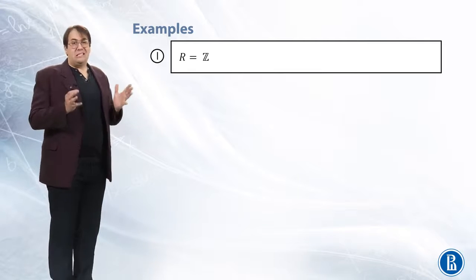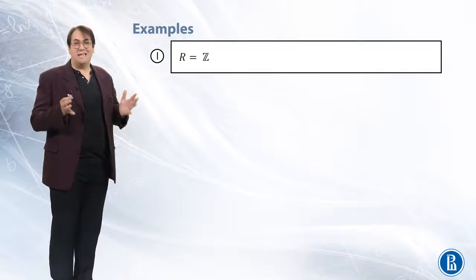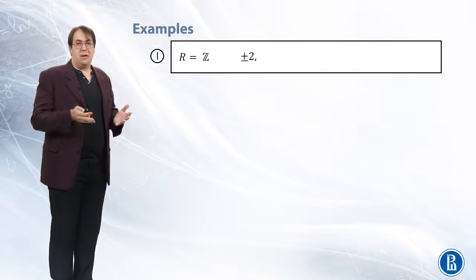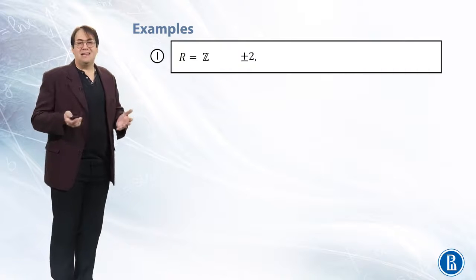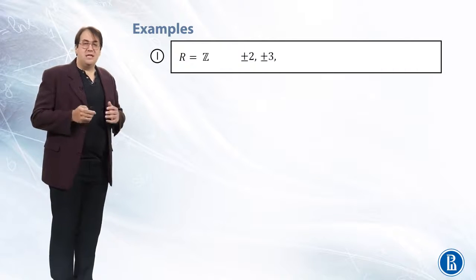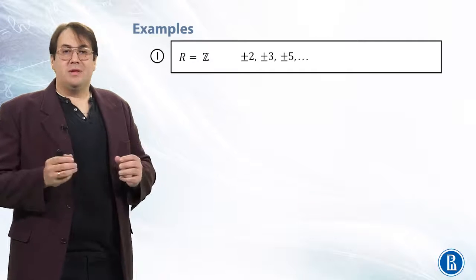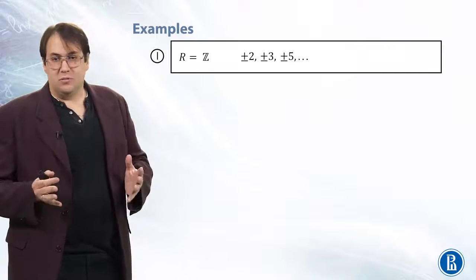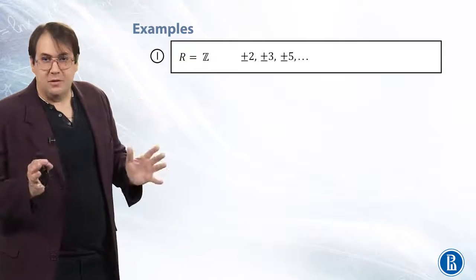For instance, just take our usual ring of integers, and we know that all prime numbers, which we know very well, are indecomposable. But here I would like you to pay attention that both plus and minus prime numbers are indecomposable. So plus or minus, it doesn't matter.